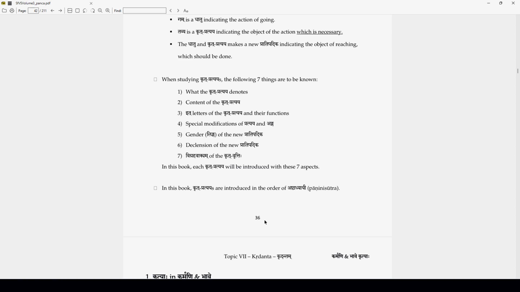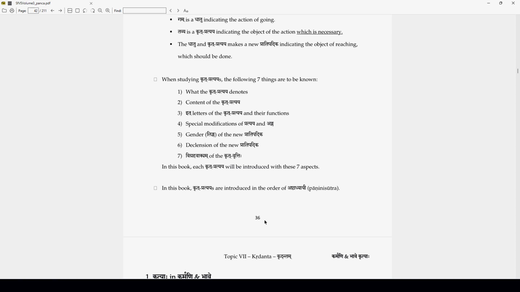It's helpful to understand the following seven things when studying Krit Pratyayas. What does the Krit Pratyaya denote? That is, in what sense is it added: the Kartru sense, Karma sense, Bhava sense, etc. And then the content of the Krit Pratyaya itself, and the it letters.